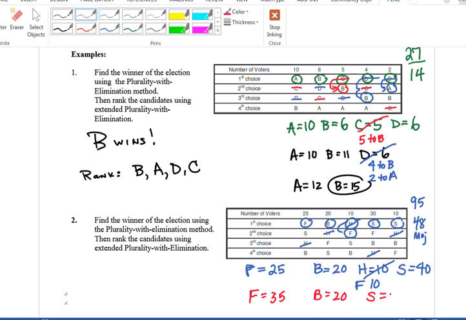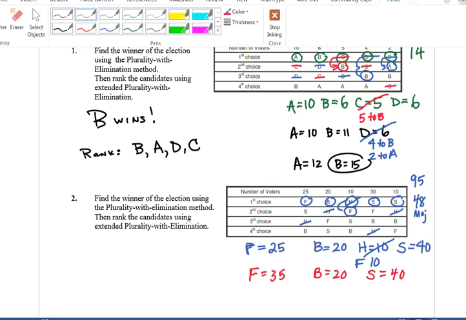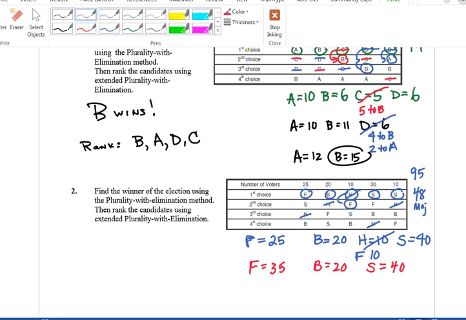And S is 40. Again, nobody has the majority of the first place votes. Okay, so I'm going to eliminate the least fit candidate. Least fit candidate is B. I'm going to go through and cross B off of this table. Those 20 votes that had B at the top, those are going to go to F because he's the next person down on the table.